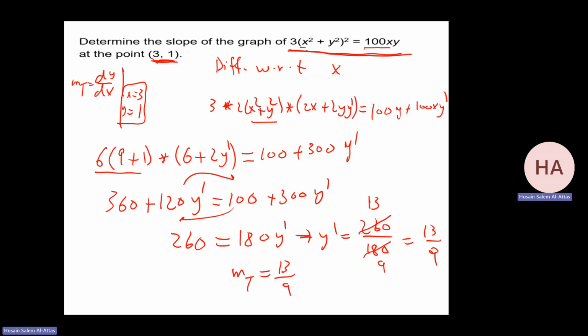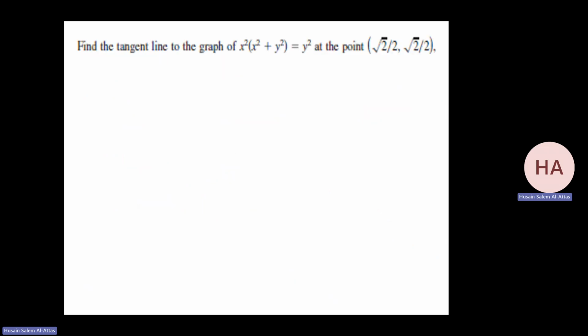What's new? Nothing, but when I need to find the derivative, I need to do implicit differentiation. To find the tangent line, I need to find the slope, which is dy over dx at this x, this y: x equals square root 2 over 2, and y equals square root 2 over 2.